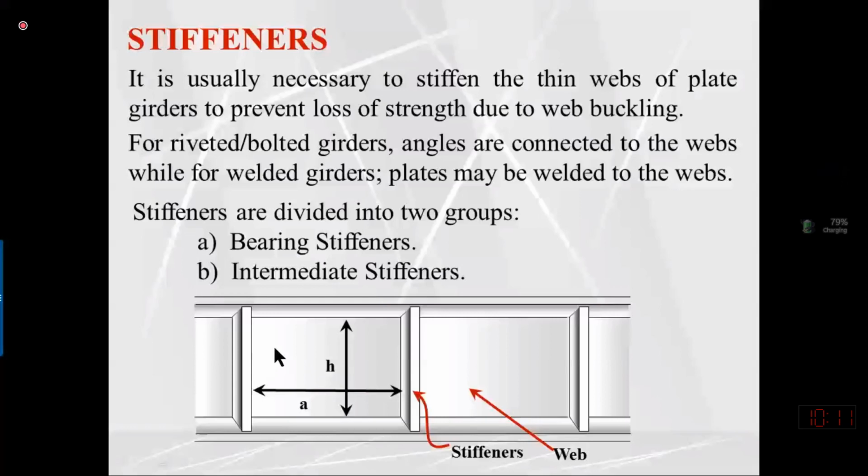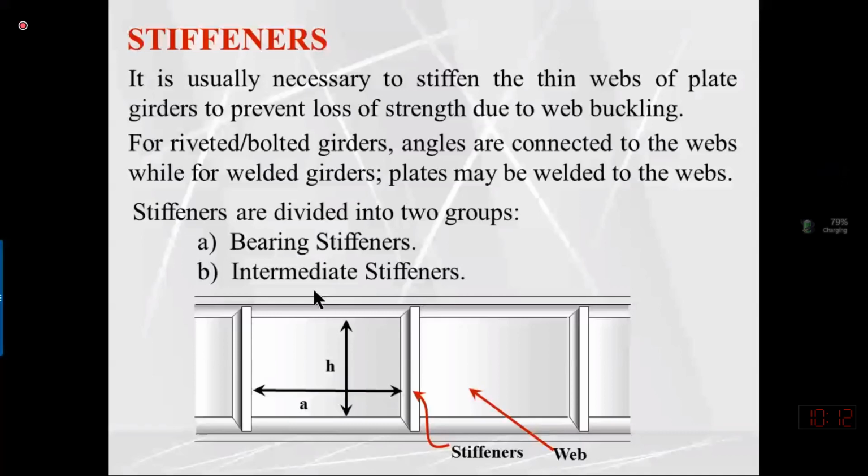When we proportion the plate girder, we also satisfy one condition that our web must be slender. What does it mean? The height of the web over thickness of the web ratio should be more than lambda r value, which was 161.2 for grade 60.